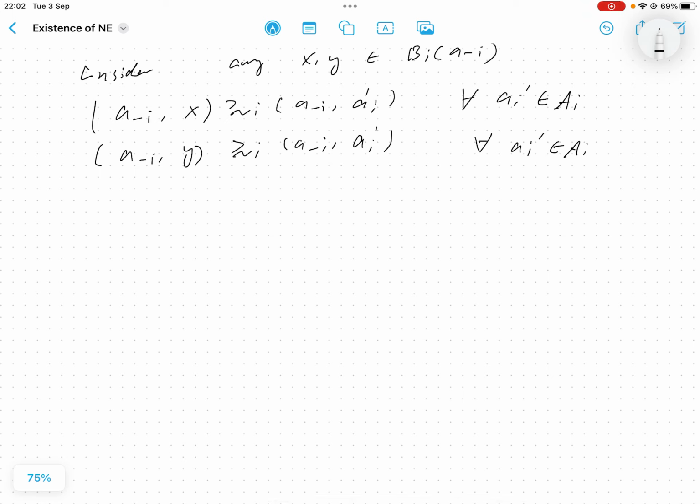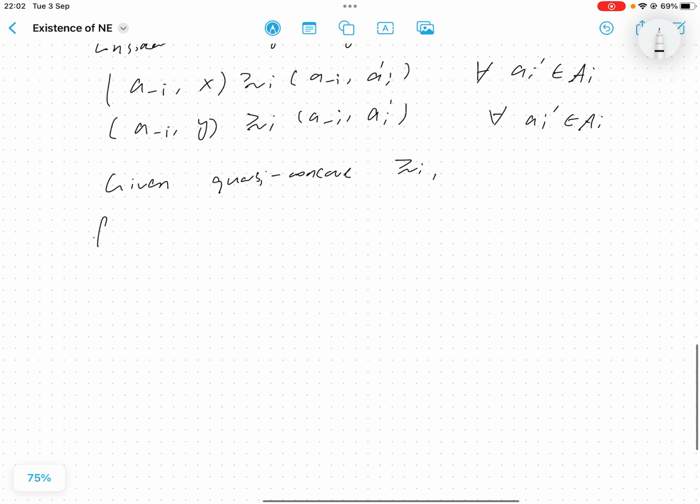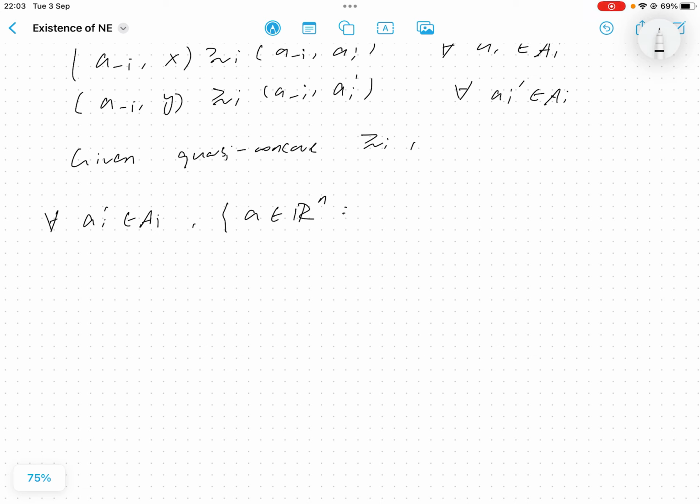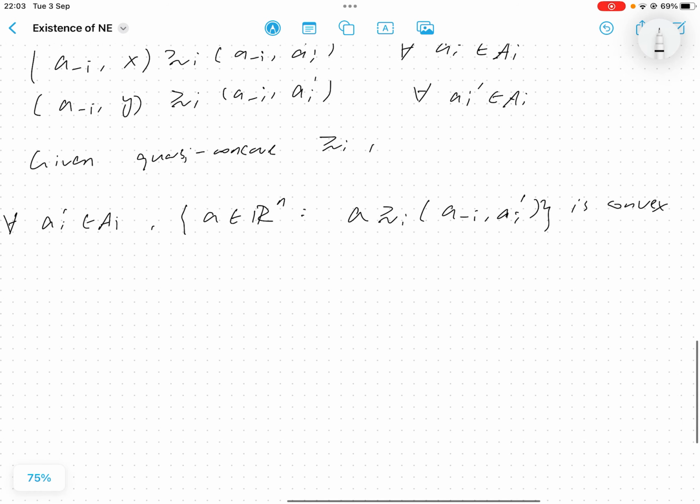Given this preference relation with quasi-concavity, for all a_i primes in A_i, the set of a's from R^n such that (a_{-i}, a) is weakly preferred to the action profile (a_{-i}, a_i prime) is convex, okay.